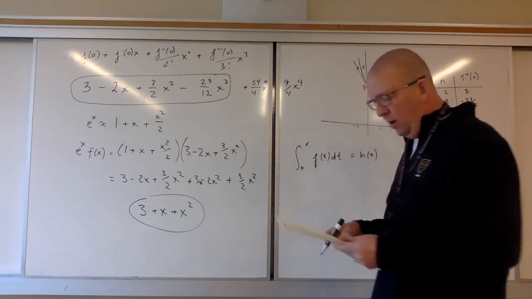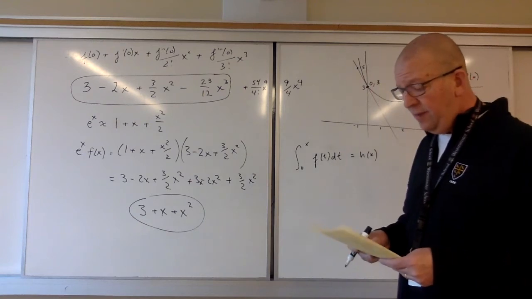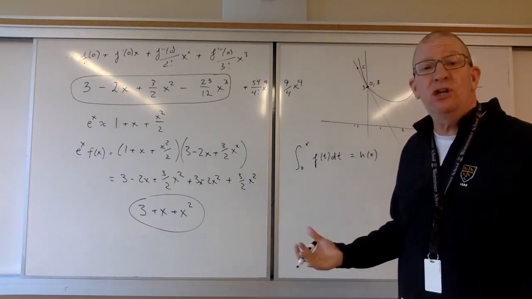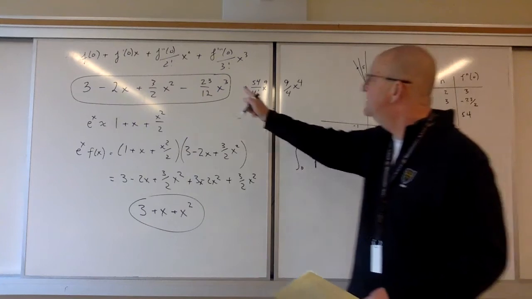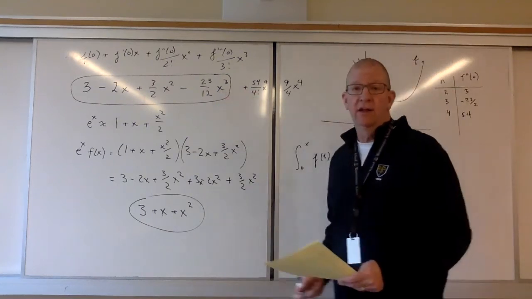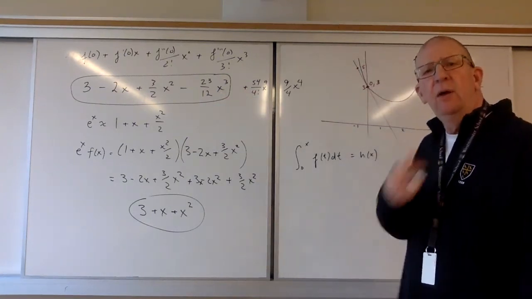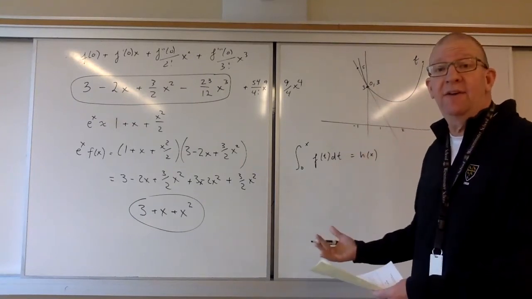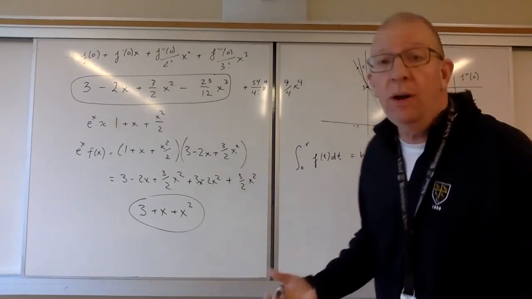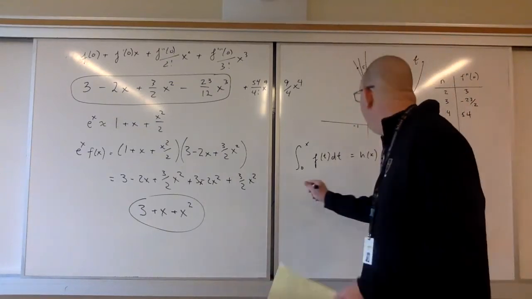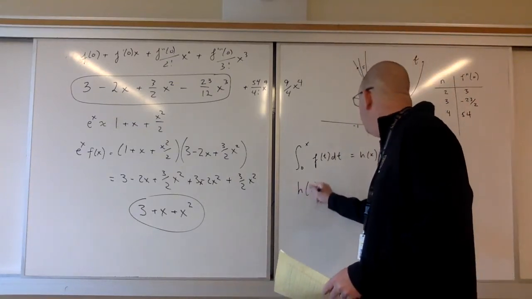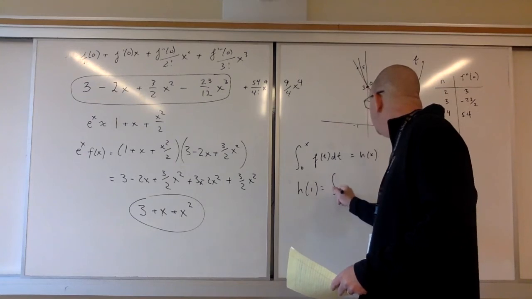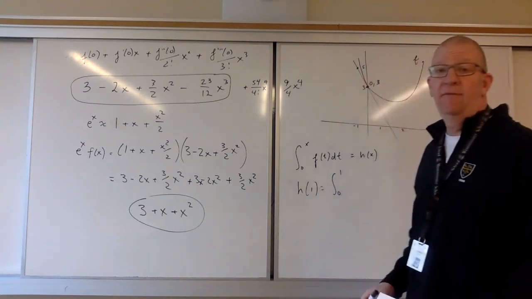And so what we say here is use the Taylor polynomial to find an approximation for h of 1. So we're going to use this polynomial here to find an approximation for h of 1. Well, if h of x is the integral from 0 to x of f of t, what would h of 1 be? h of 1 would be the integral from 0 to 1 of f of t dt.